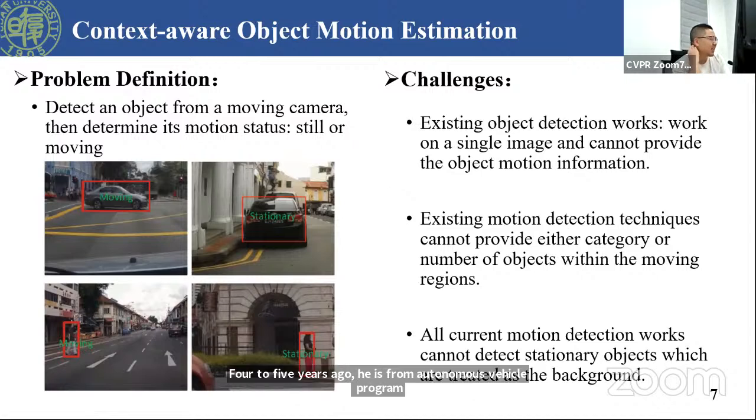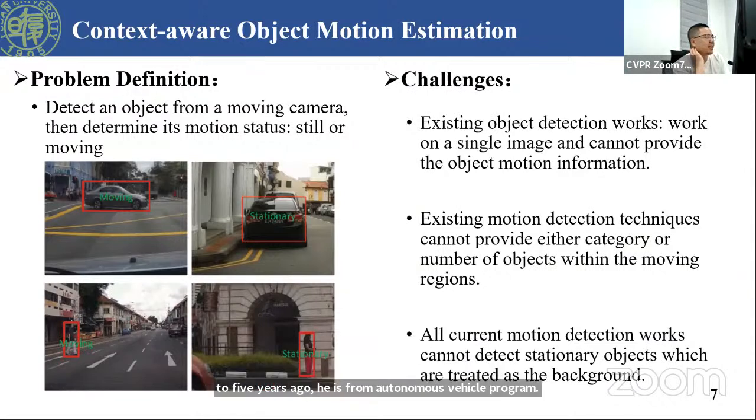In this task, our focus is to detect an object from a moving camera, which is installed on a moving vehicle. Then we determine the object's motion status, whether it is still or moving, and also its moving direction.